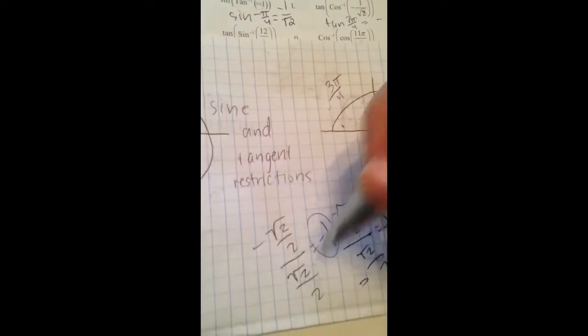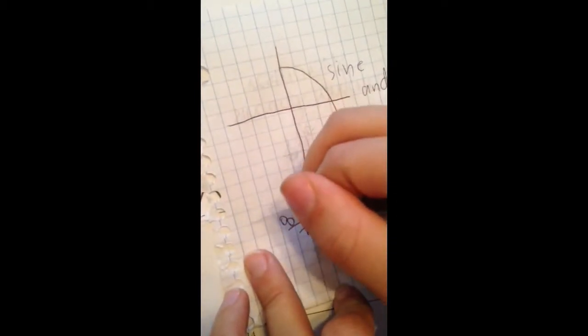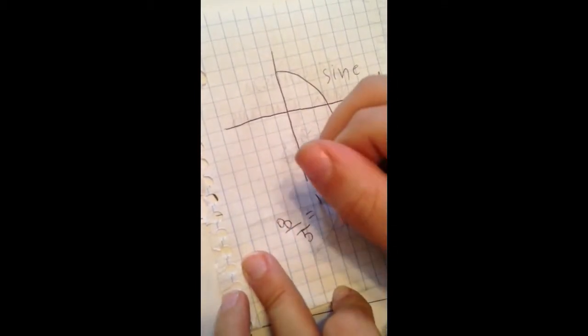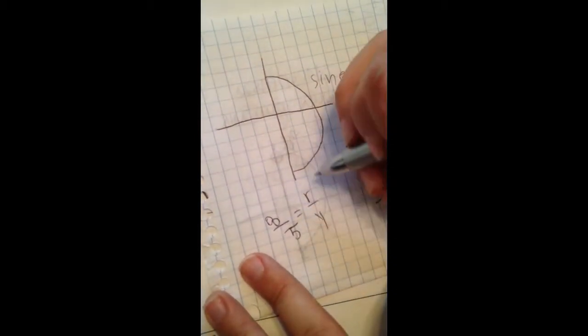Okay, so for m, we have the sine of the inverse cosecant of 8 over 5. First, I'm going to start by finding the inverse cosecant of 8 over 5. The opposite of cosecant is sine, so we know that 8 over 5 equals r over y, because sine is y over r.